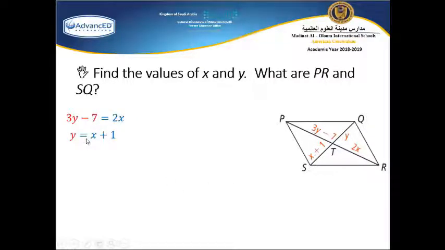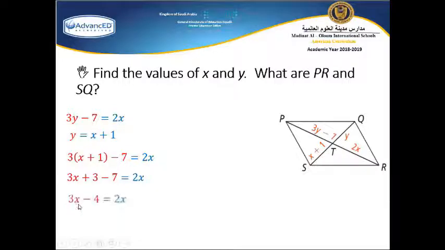Then by solving the first equation using the second one, we know that y equals x plus 1. We will make a substitution in the first equation. Then 3y, instead of y, I will put 3 multiplied by (x plus 1), minus 7 equals x. Using the distributive property, 3x plus 3 minus 7 equals x.